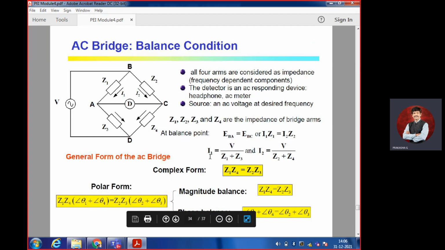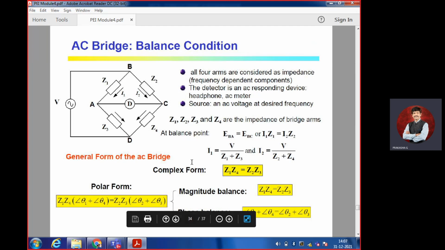I1 is equal to V by Z1 plus Z3, and I2 is equal to V by Z2 plus Z4. The same current is flowing in this direction, I by Z1 plus Z3, and the same current flowing on the right side also, I2 by Z2 plus Z4.